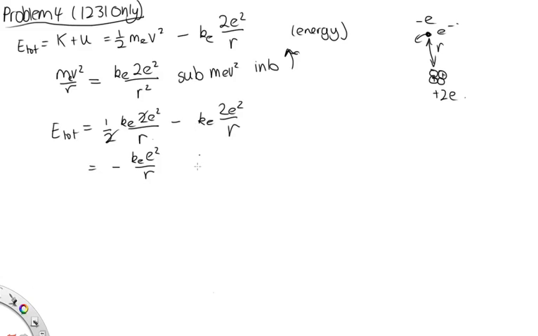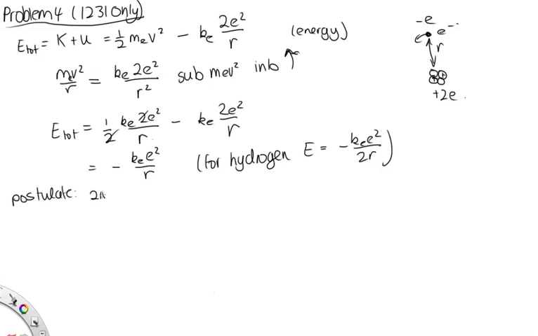Now for hydrogen, this energy is equal to minus Ke e squared over 2r. Now, one of the postulates of the Bohr-Sommerfeld model is that standing wave solutions are the only solutions. So 2 pi r, the circumference of the orbit of the electron, has got to be equal to n lambda for the electron.